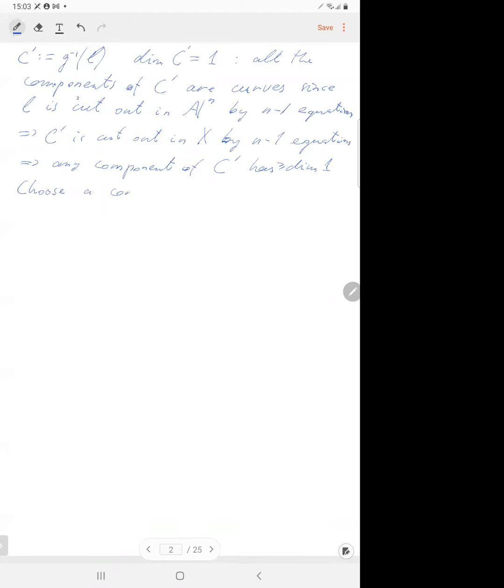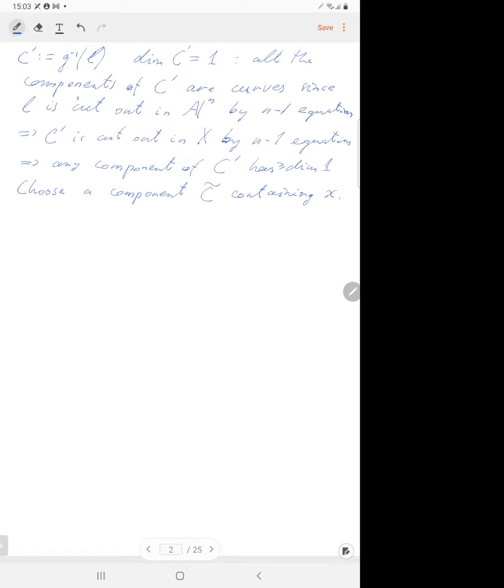Okay, and now choose a component, whatever, C tilde containing our small x.